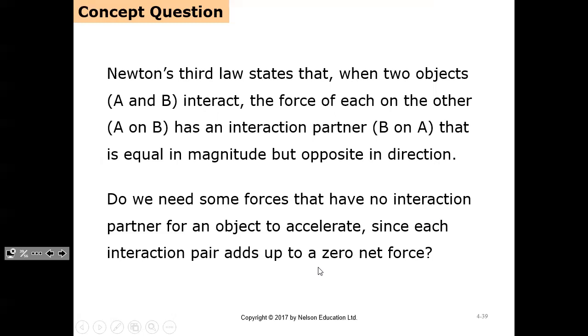Yeah, there's a trick in the question. Okay, I will repeat what I said. Now I'm asking you, Newton's third law says the two forces, A on B and B on A, are equal in magnitude, opposite in direction. If you add these two forces, what do you get? Zero. That is the question you asked me.